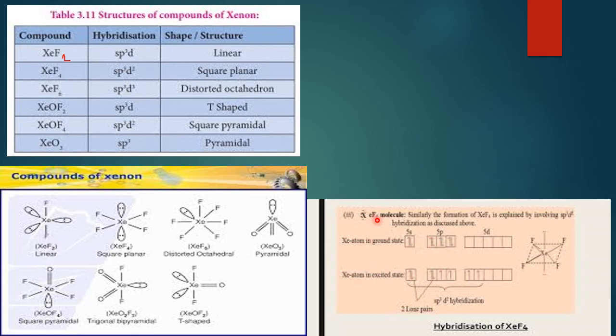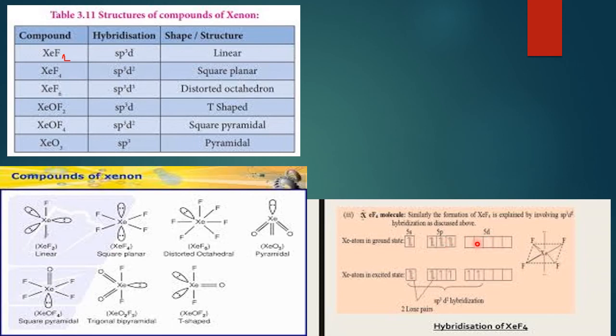But the xenon is making 4 covalent bonds with the fluorine atoms. So there should be 4 unpaired electrons, but there is no unpaired electron in this. Hence it undergoes the excited state, that is, the electrons present in the py orbital and pz orbital will go to the nearby orbital called the 5d orbital.